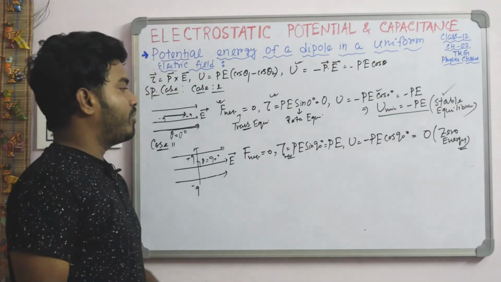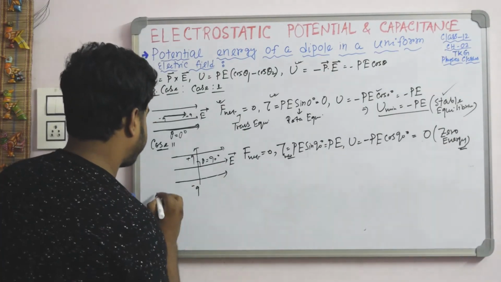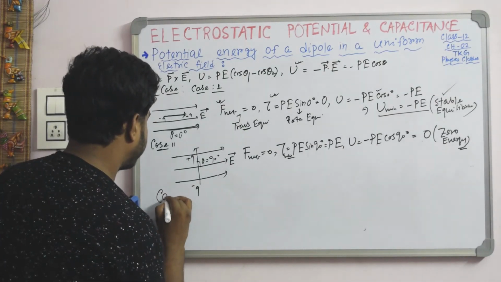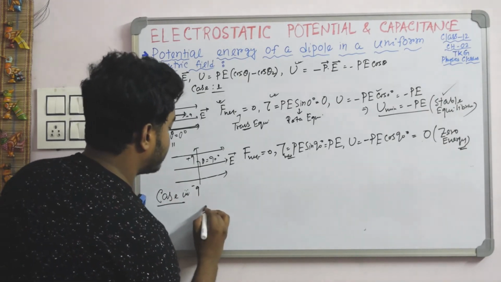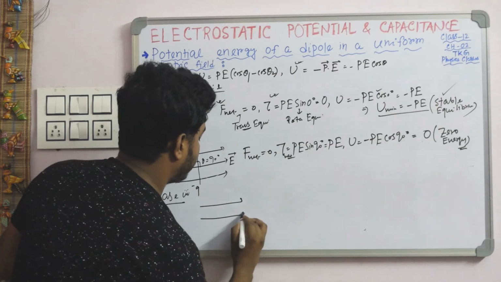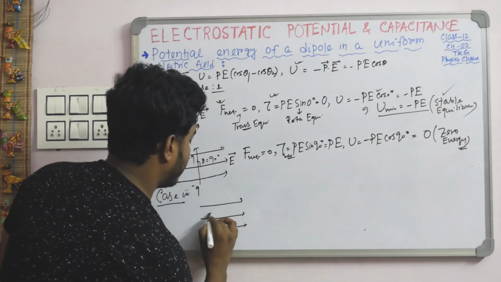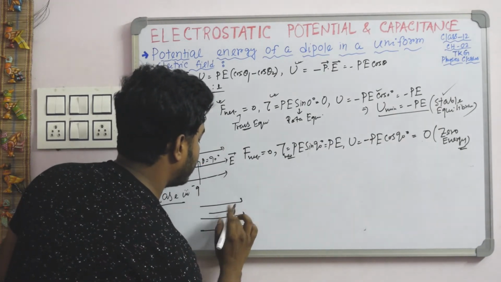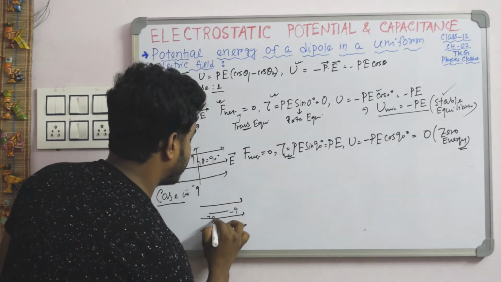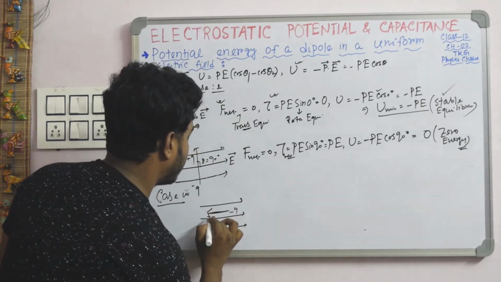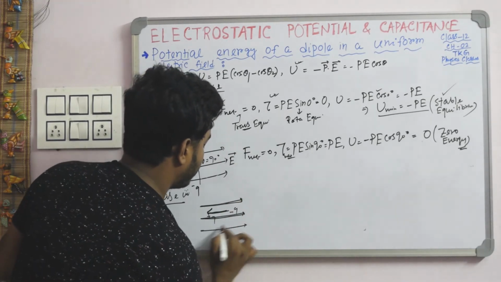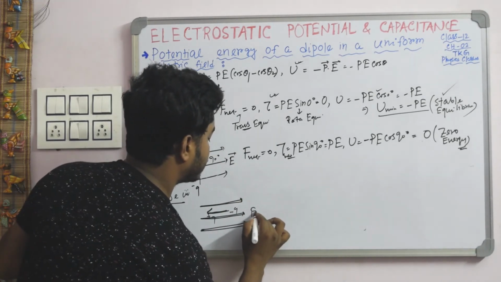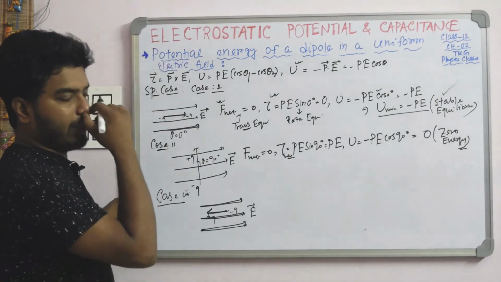Clear? Now, the final case, case number 3. If the dipole is placed anti-parallel, here negative of q and here positive of q, that is the dipole moment is directed along the negative direction of the x-axis and the electric field is directed along the positive direction of the x-axis. Then what will be the expression?